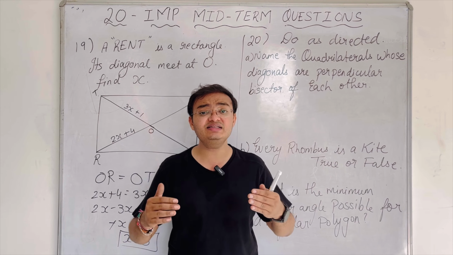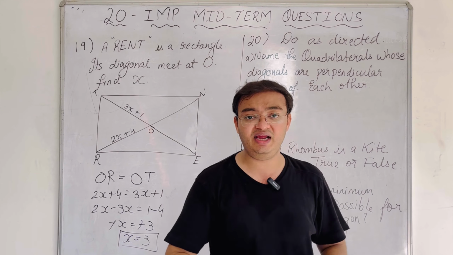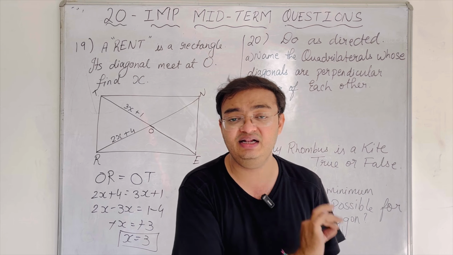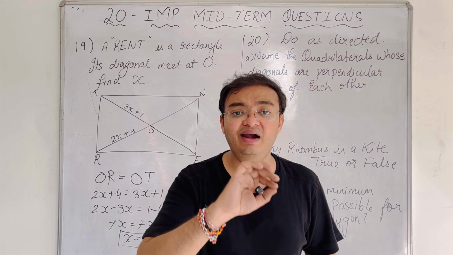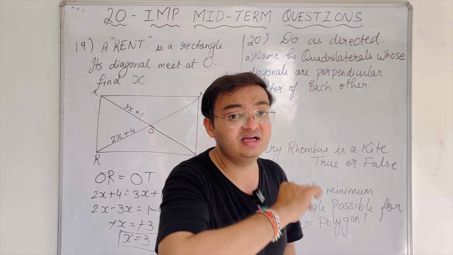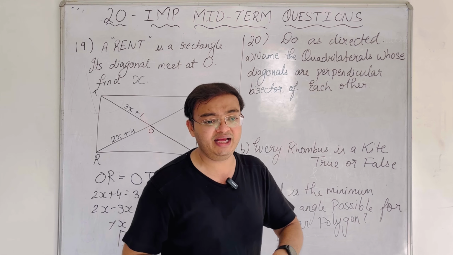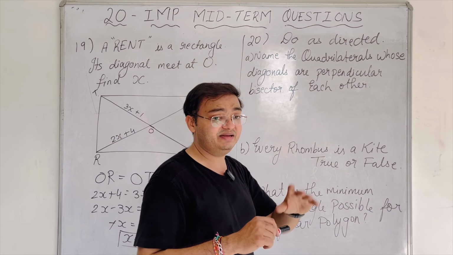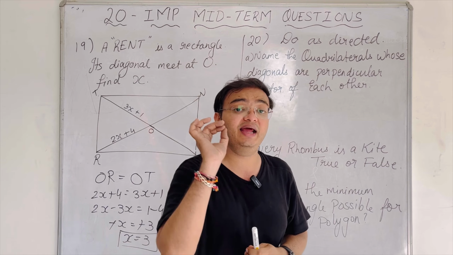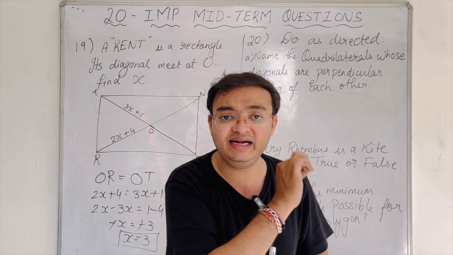That means when these diagonals intersect each other, at the point of intersection they form 90 degree angles. Such diagonals are known as perpendicular bisectors. That means the diagonals form a 90 degree angle at the point of intersection.